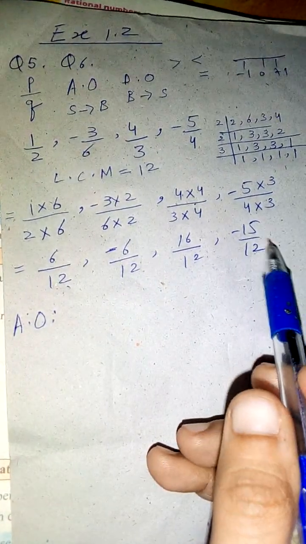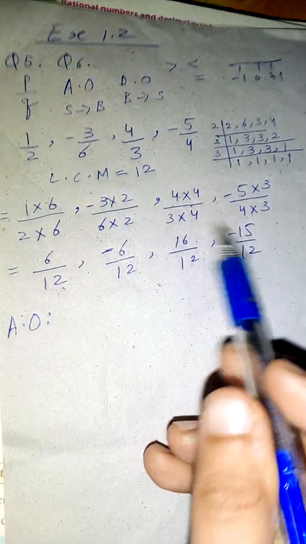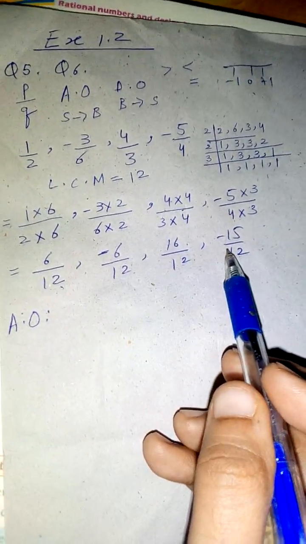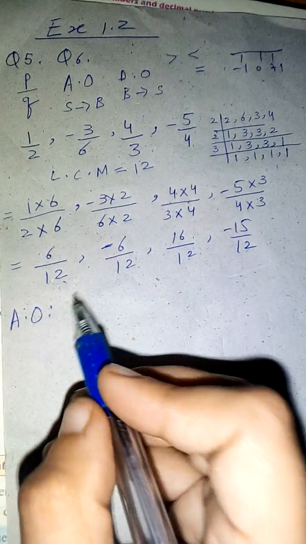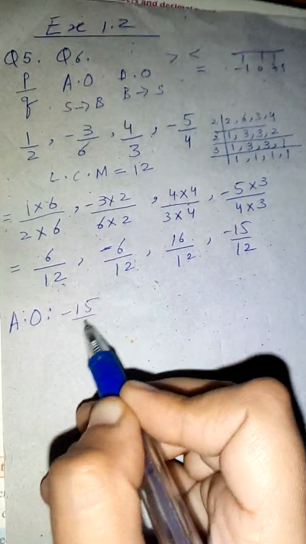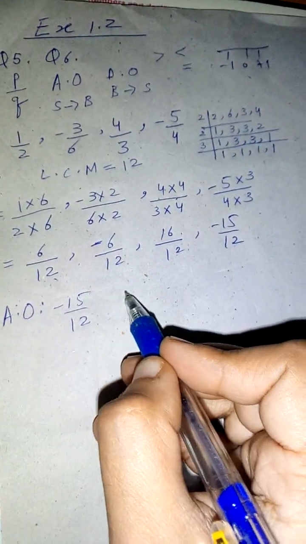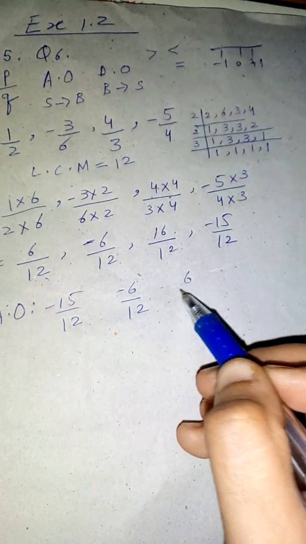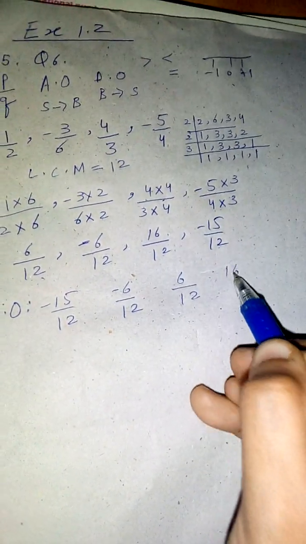Whenever we have negative values, the bigger one becomes the smaller one, and the smaller becomes the bigger one. So we consider the negative values first. Minus 15 is the smallest, so minus 15 over 12, then minus 6 over 12, then the positive values: 6 over 12, and the last one is 16 over 12.